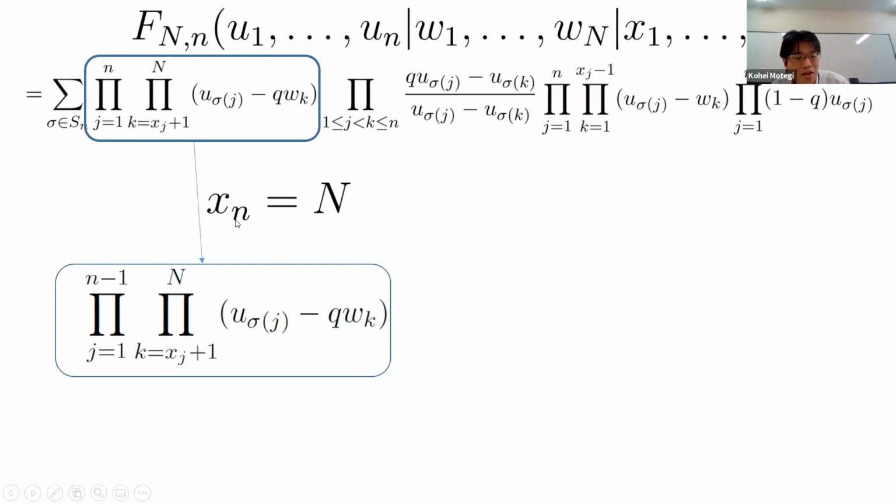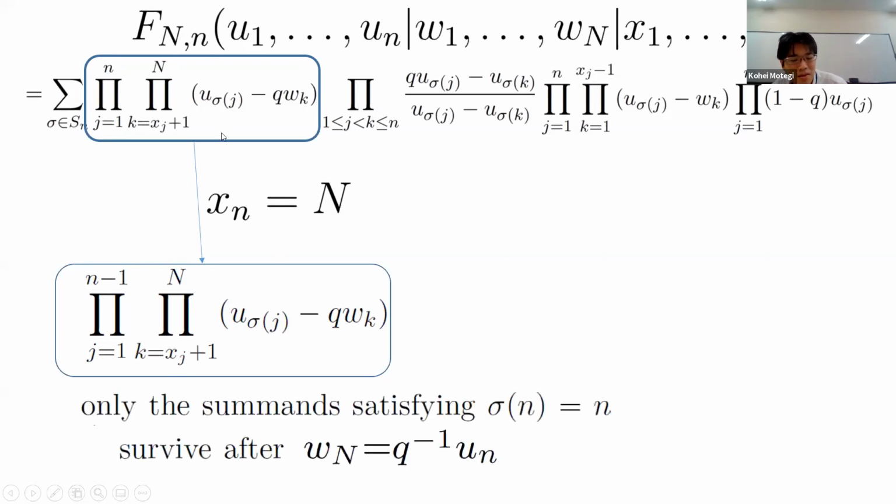Okay, so if xn is equal to large n, now you evaluate this at q inverse u small n, and if you look at this part, then you can see that only the summands satisfying sigma n equals n survive after this substitution. Okay, if you carefully look at this factor, you can see this.